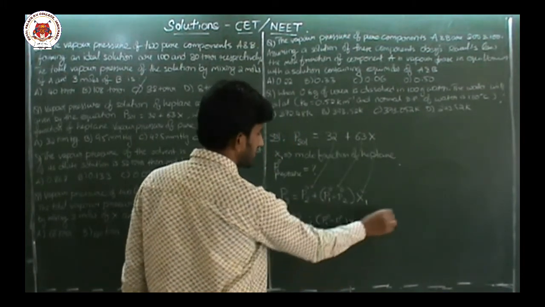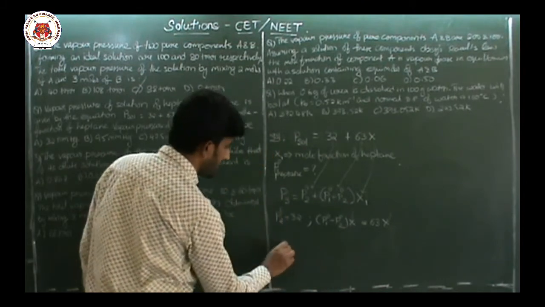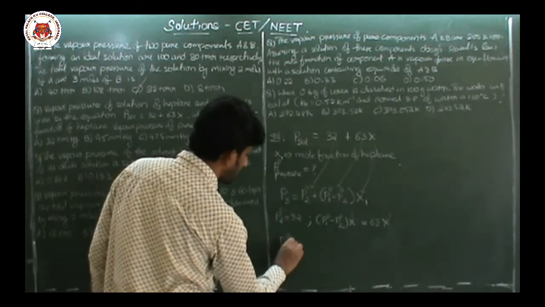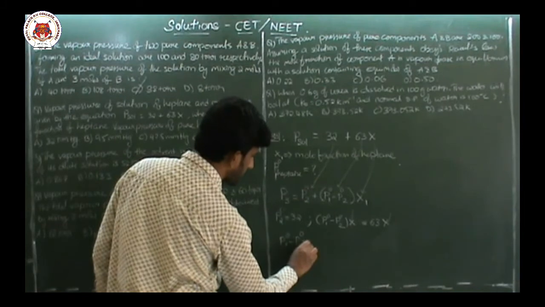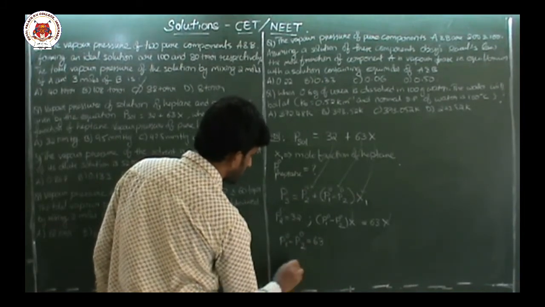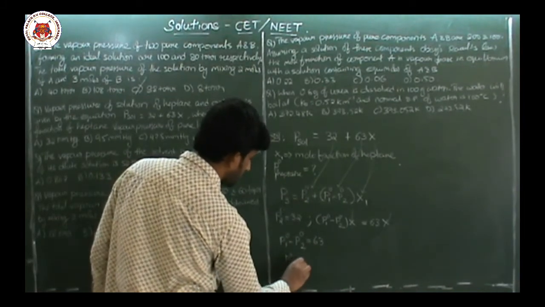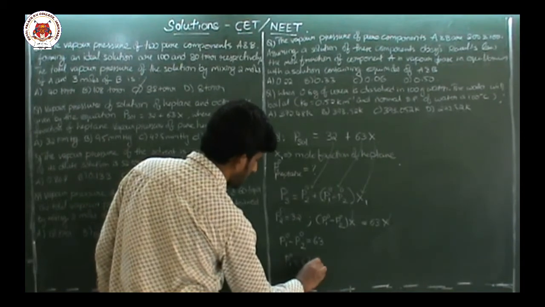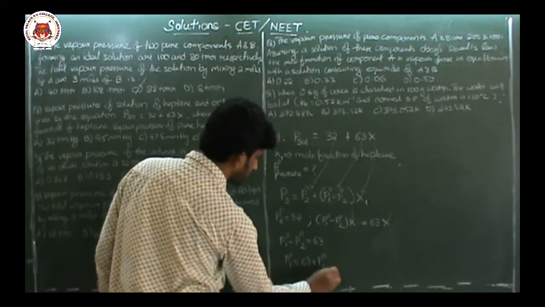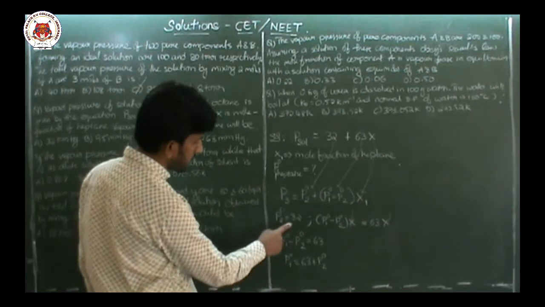So x cancels, which means I can write P01 minus P02 is equal to 63, or P01 is equal to 63 plus P02. Then what is P02? 32.